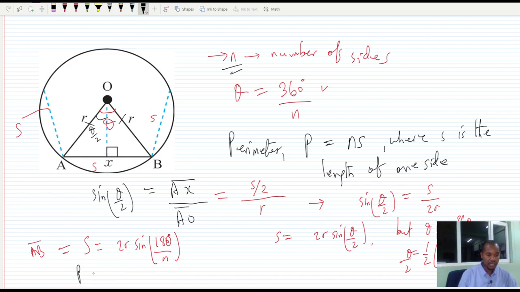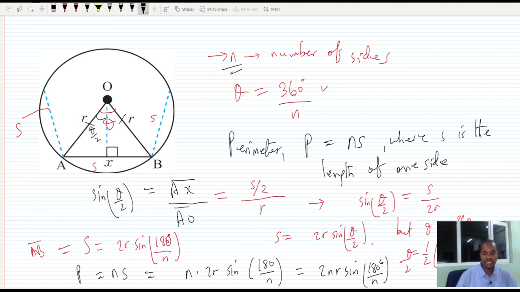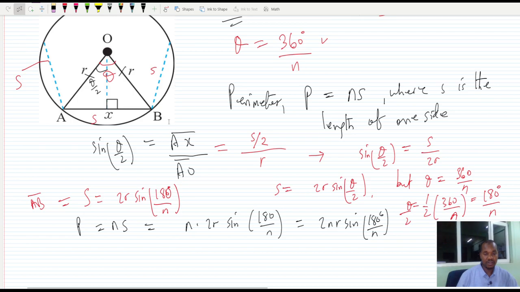But the perimeter is nS, so the perimeter will be the number of sides multiplied by 2R sine of 180 divided by n. So we get 2nR sine of 180 degrees divided by n. Mind you, that is the perimeter.